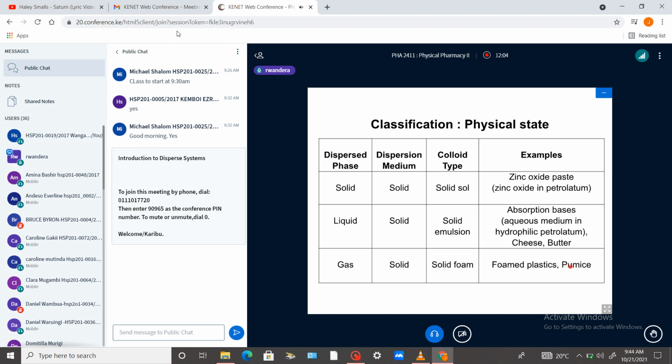These are stones that most of you maybe have used during bathing, when you want to scrub your feet. So this is what we call the pumice stone, and also foamed plastics, so it's a gas dispersed in a solid.